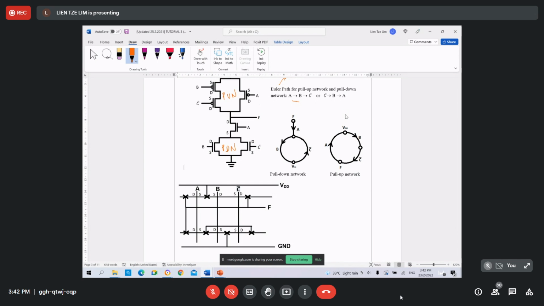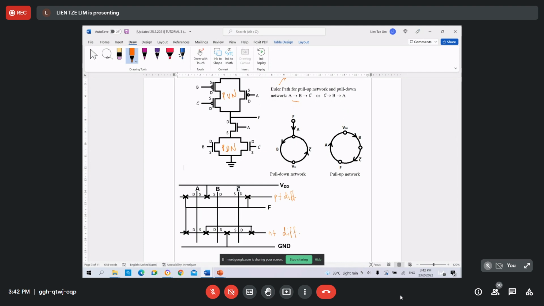So for this one, the stick diagram also has a VDD and ground, and this is the P plus diffusion, this is the N plus diffusion. All the connections with contacts must be drawn and labeled.